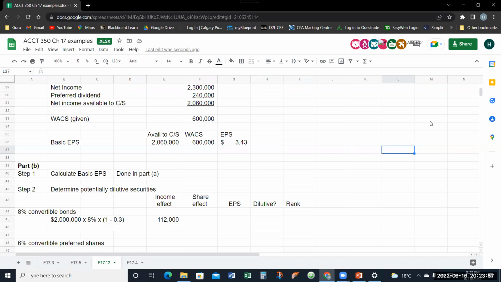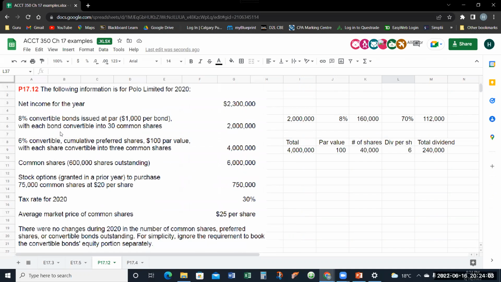That's the income effect. Well, how many shares will I end up issuing? The information given is that each bond is convertible into 30 common shares. How many bonds are there? Each bond is $1,000, and they were all issued at par. If the total face value is 2 million, dividing 2 million by 1,000 gives you 2,000 bonds.